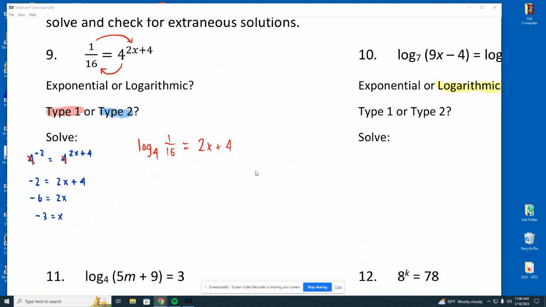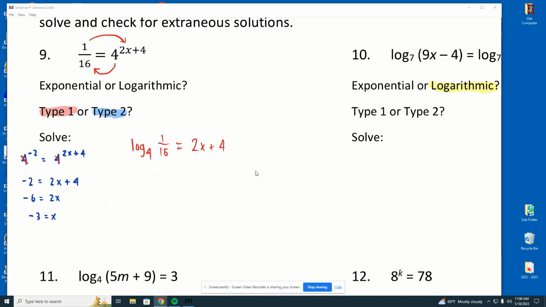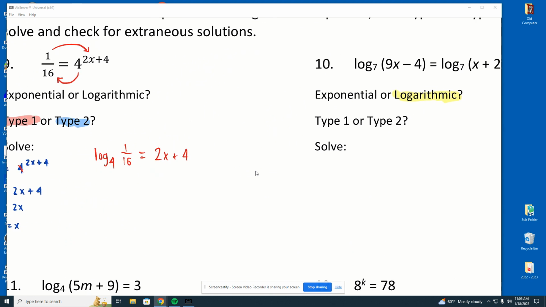Okay, now you know number 10. Number 10, it's log equals log. So which one was log equals log?